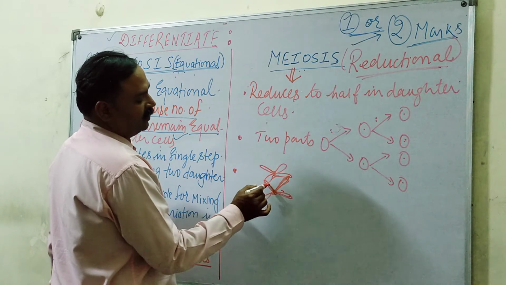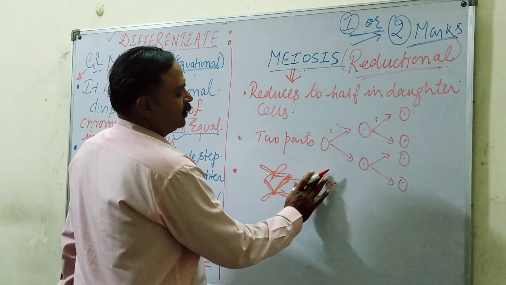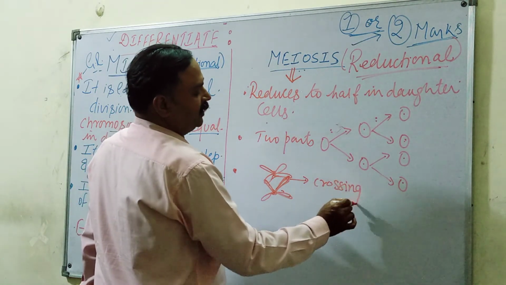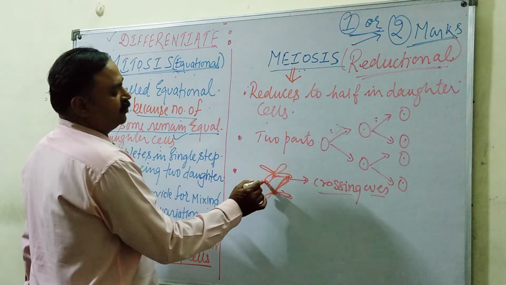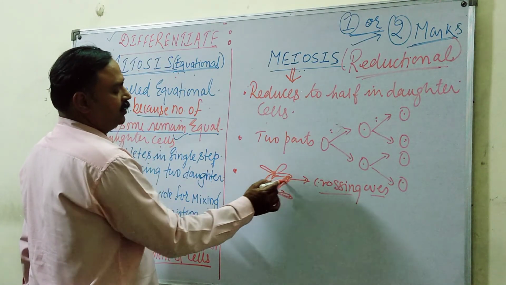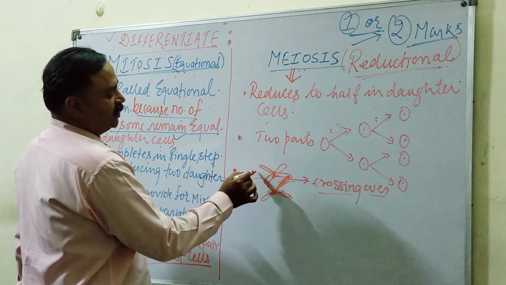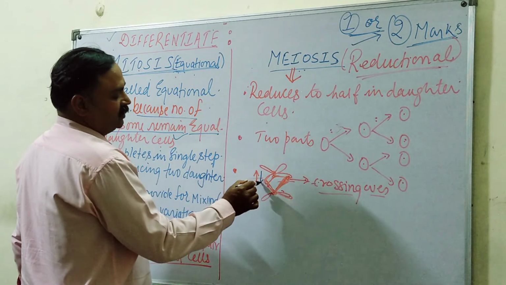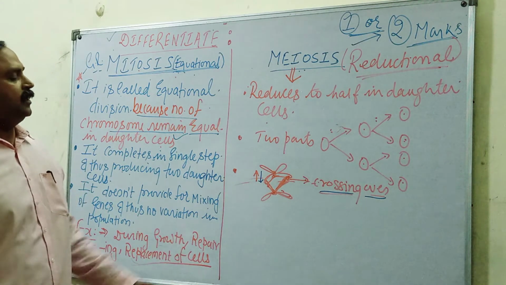How does it provide for the mixing of the genes? This is called crossing over. Here in the metaphase, homologous chromosomes are arranged on the equator. Association is observed, and due to this association there is mixing up of the genes during crossing over of prophase 1 in meiosis.